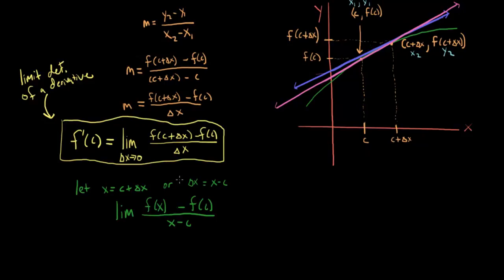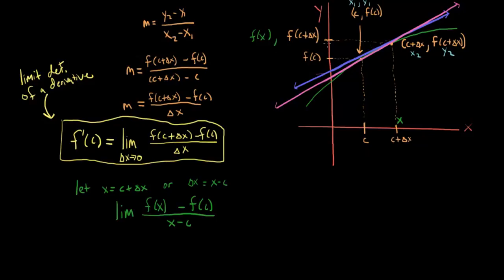Now, let's go back to our graph for just a moment. All we have done here is redefine this right here. We're still looking at a particular x value called c, but now we're just going to call this x right here. Now, if this x value is x, then what's this y value? Well, it's just f of x.